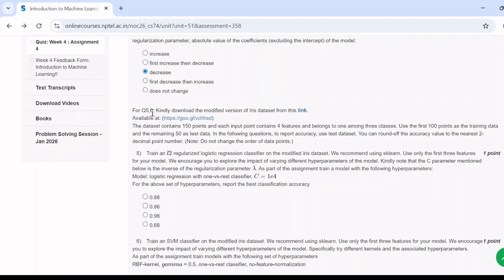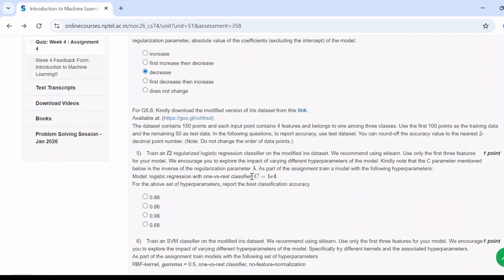We can download the dataset for questions 5 and 6 from this drive. The dataset contains 150 points. The first 100 points are the training data, and the remaining 50 are for testing. Here it is an L2 regularized logistic regression, whereas the previous question was linear regression.